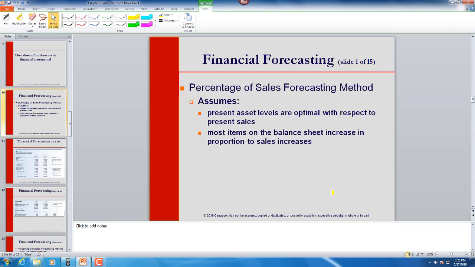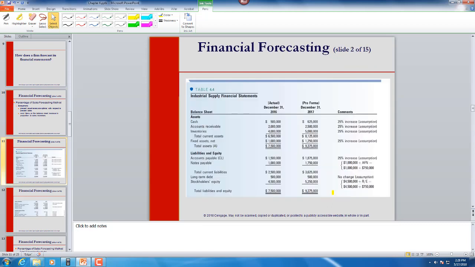So you base it on, okay, if right now our sales are 100,000, let us say they go to 125,000. So you think, okay, if our sales are 100,000 and our assets are 50,000, if our sales have to be 150,000, our assets will have to be 75,000. So most items in the balance sheet increase in the same proportion as sales increases.